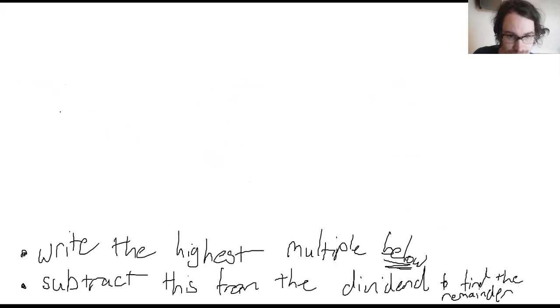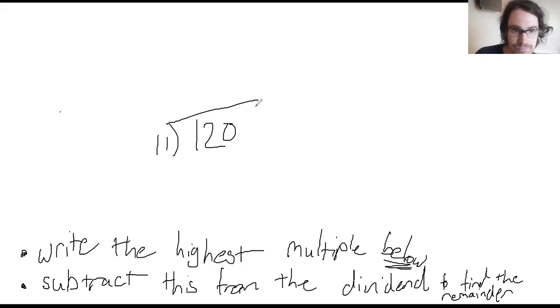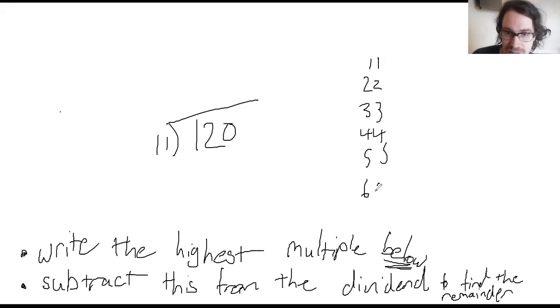Okay, you ready? So we're going to do 120 divided by 11, with 120 going inside. So we write the highest multiple below. So what's the highest multiple of 11 we can get to? 11, 22, 33, 44, 55, 66, 77, 88, 99, 110, 121. No, we don't want 121, which is 11 times 10.